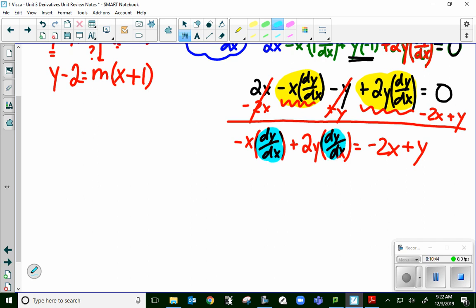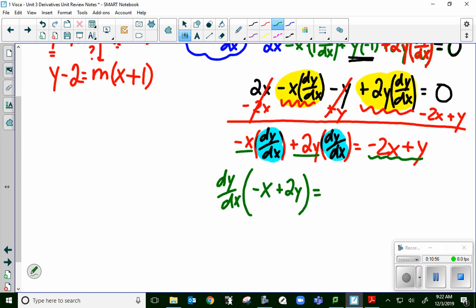Both of these have dy dx. If I take out dy dx, that leaves me negative x plus 2y, and that still equals negative 2x plus y. In order to get dy dx alone, I'm just going to divide by negative x plus 2y.